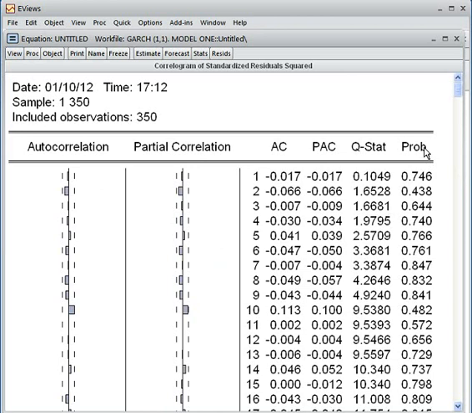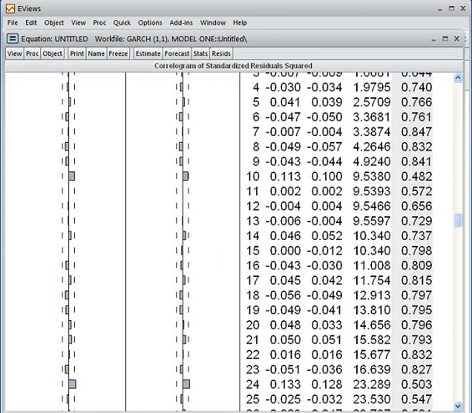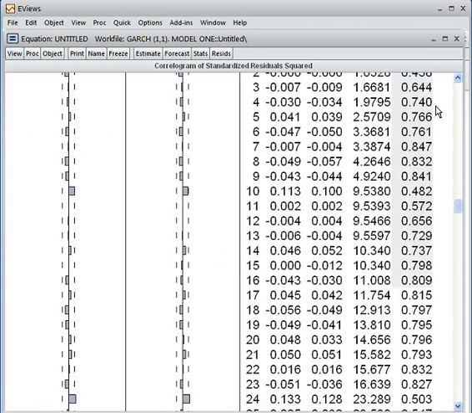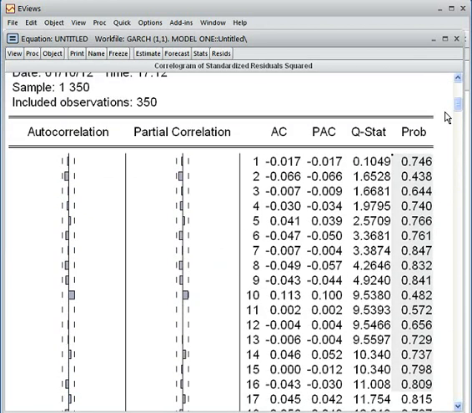Here are the Q statistics and the corresponding p-values. You see all the p-values of the 36 lags are more than 5%, meaning that we cannot reject the null hypothesis. And what is our null hypothesis? Residuals have no serial correlation. So that is a good sign.